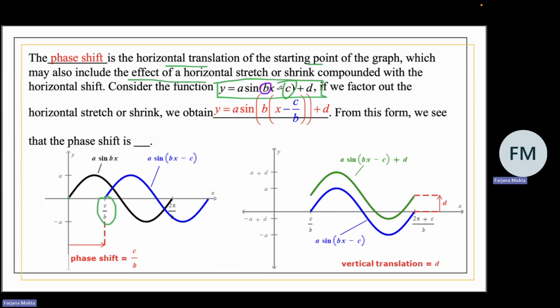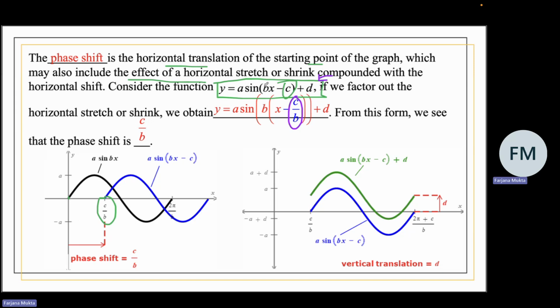If we factor out the b, then what do we get? With the sine, we get b times x minus c over b, right? Now this is our phase shift. So once again, looking at this transformed function, to calculate the phase shift, we divide c by b. That's our phase shift, okay?